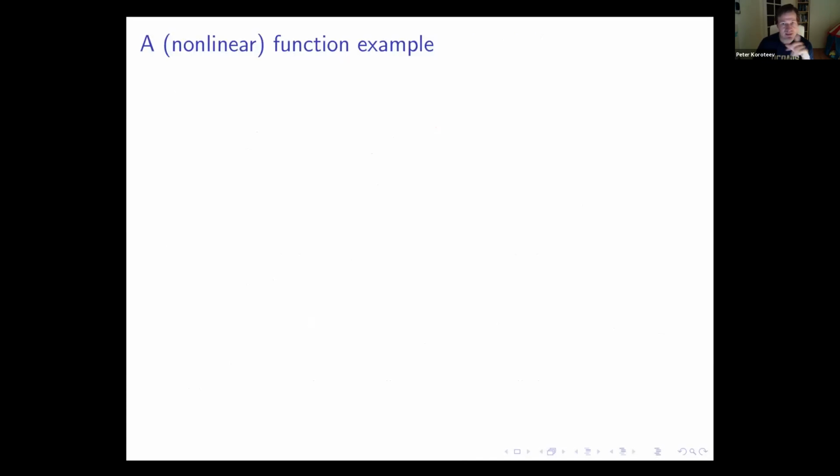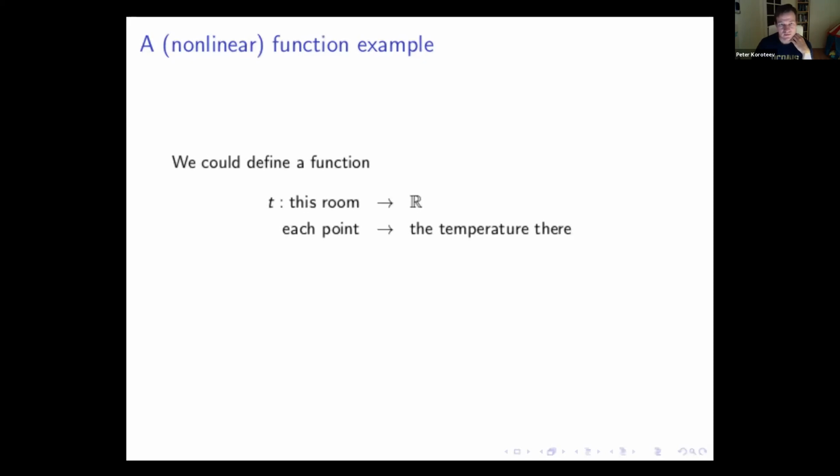Now, we talked about linear functions, which can be represented as a matrix acting on a column vector, but there may also be nonlinear functions. Say we take a function like this: wherever you are in the room, you take every point and assign the temperature of the air around that point. You maybe took some physics classes, so you know roughly what temperature is.